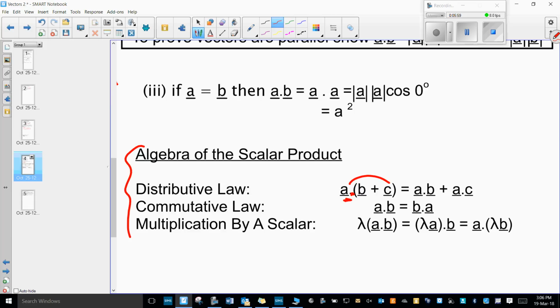A dot B is equal to B dot A, so in other words, the order that you do it is not important, because we know the order we multiply things is not important. So these are going to be equal to each other. And again, if we've got a number outside, then we can join it with just one of the values.